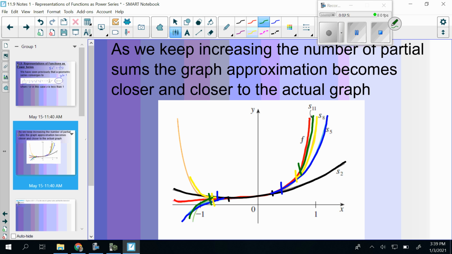So every time you add one more on, it keeps getting closer and closer to that red graph. So we can use a power series to approximate a difficult function with a polynomial function, and that's why power series are so important: within a range, you can come up with a polynomial that is very close to some other summation.